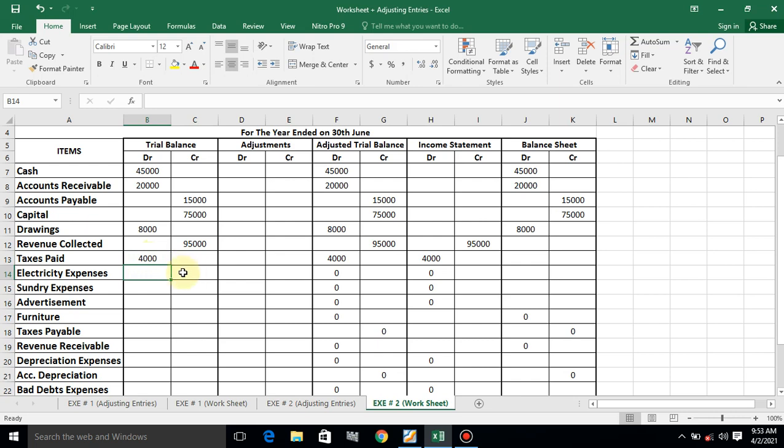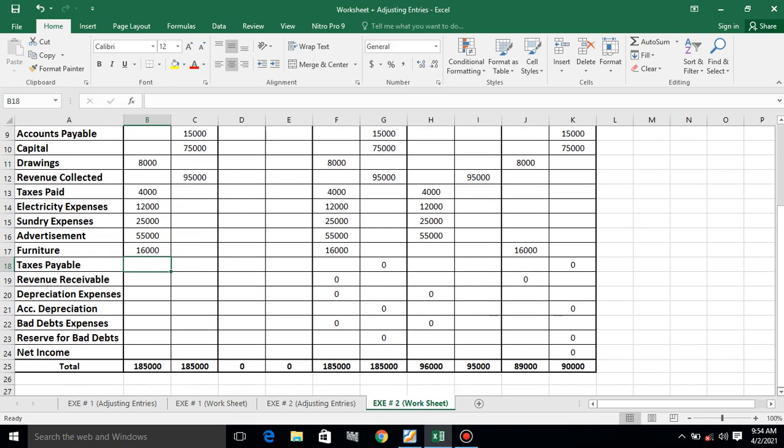Then we have electricity expenses 12,000 on debit side. Then we have sundry expenses of 25,000 on debit side. Then we have advertisement expenses of 55,000 on debit side, and then we have furniture of 16,000 on debit side. These were the items that were mentioned to you in trial balance, and I have written these items.